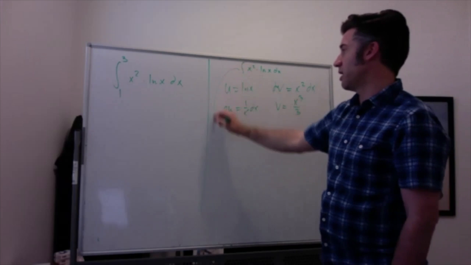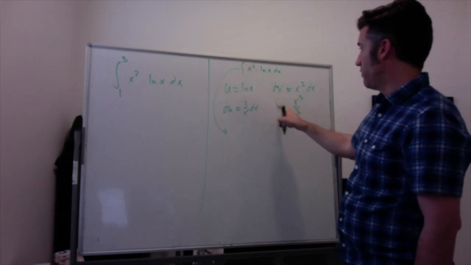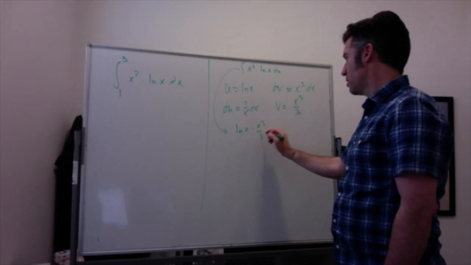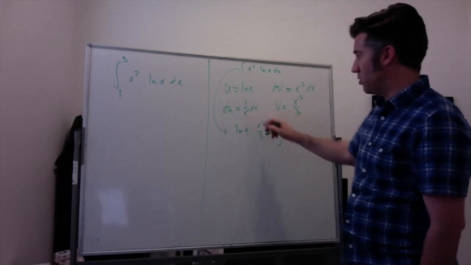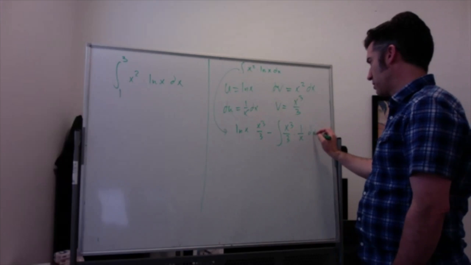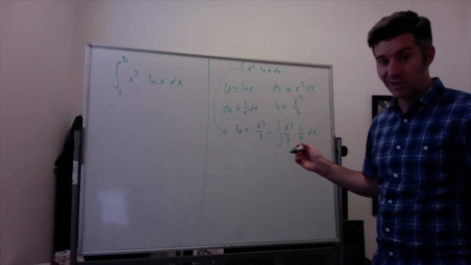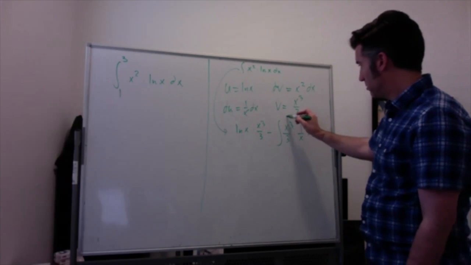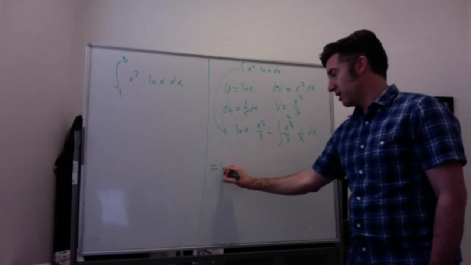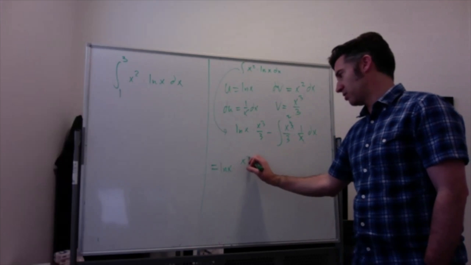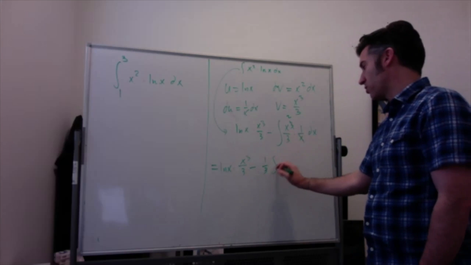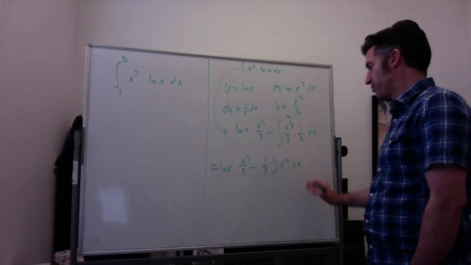So then this is going to end up being uv minus the integral of v du, which is x cubed over 3 times 1 over x dx. Cancel an x and bring out the 1/3. So rewrite this as natural log of x times x cubed over 3 minus 1/3 integral of x squared.